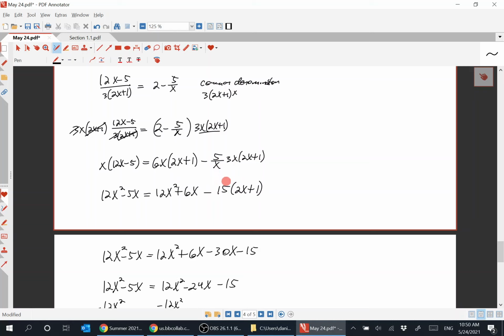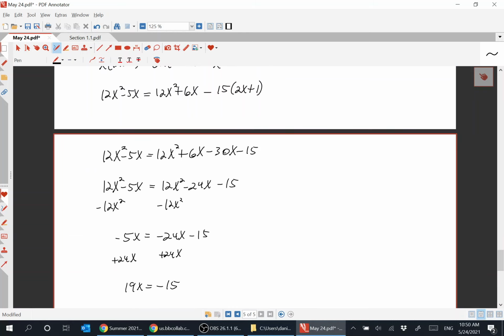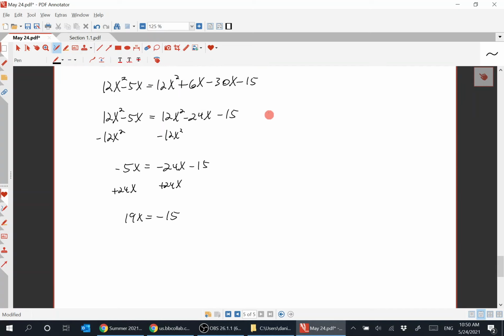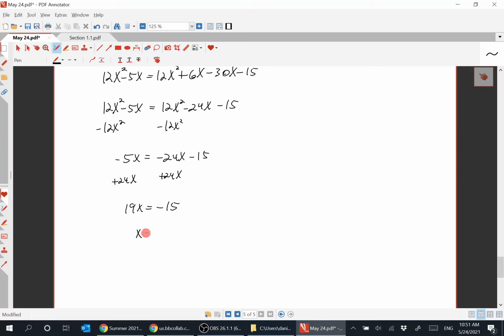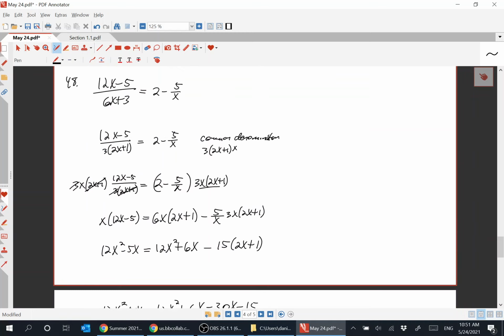The x's cancel. 5 times 3 is 15. So 30x minus 15. So that's 24x. See, the problem is I'm getting this ugly fraction, and I sort of don't think it should be correct.